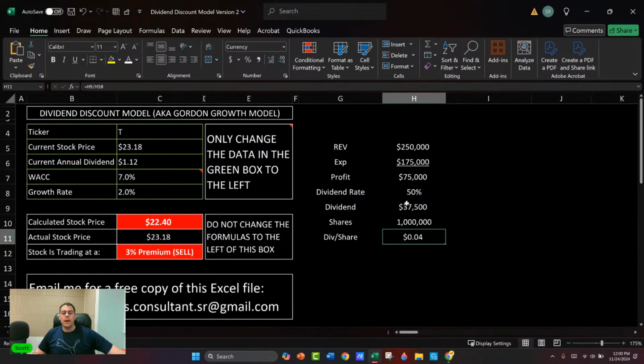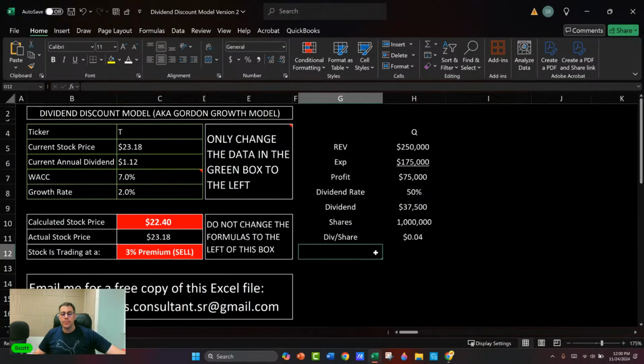So if they give 37,500, say this is just for a quarter, 37,500 in dividends. There's a million shares. So each shareholder gets 4 cents. It's probably not exactly 4 cents. So if you own 1 share, you get 4 cents for the quarter. If you own 10 shares, you get 40 cents, etc.